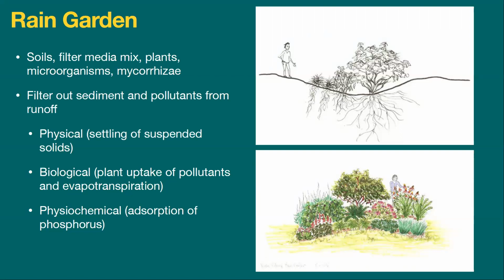There's a lot of things happening that we maybe don't even fully understand, but it's filtering out a lot of the sediments and pollutants from this stormwater runoff. So there's a physical settling of suspended solids. The runoff carries a lot of soils, grains of sand and clay and silt. Those are physically settling in the garden.